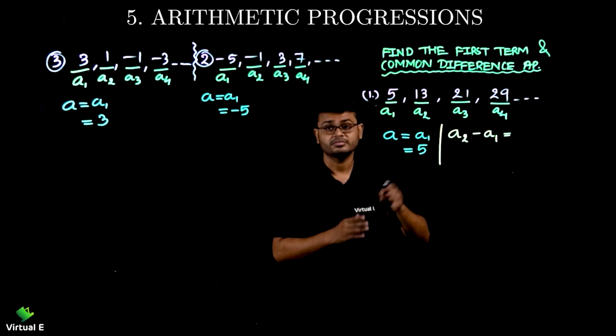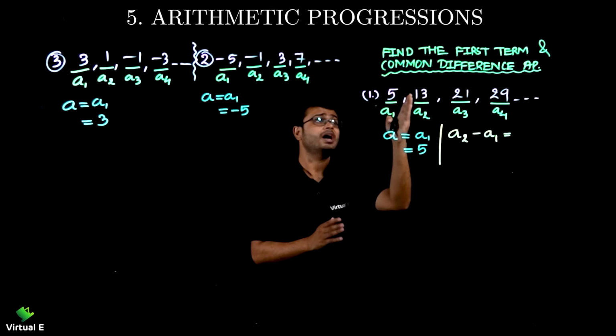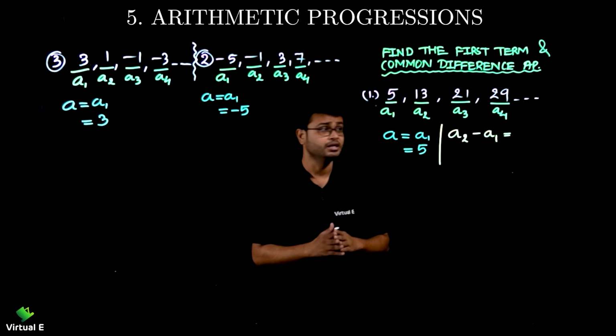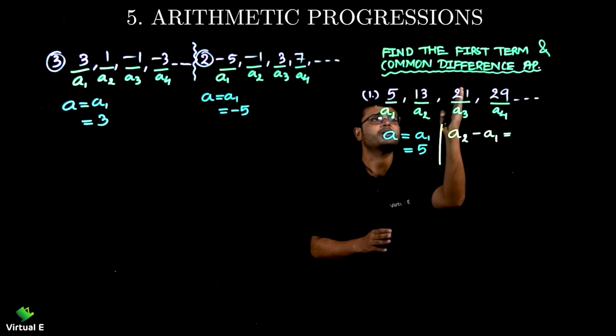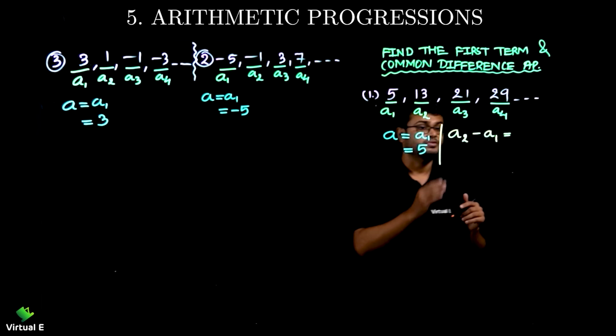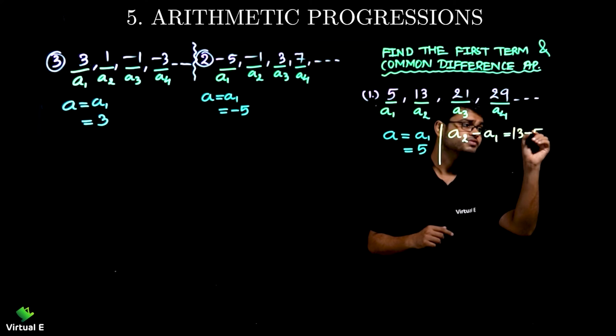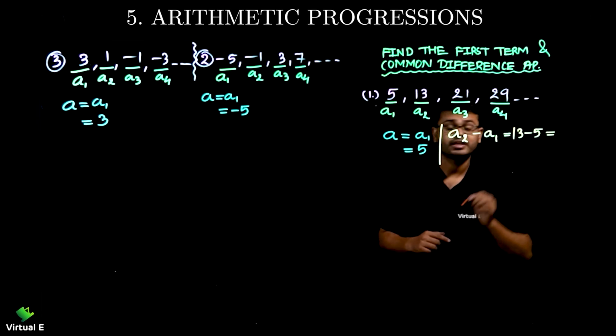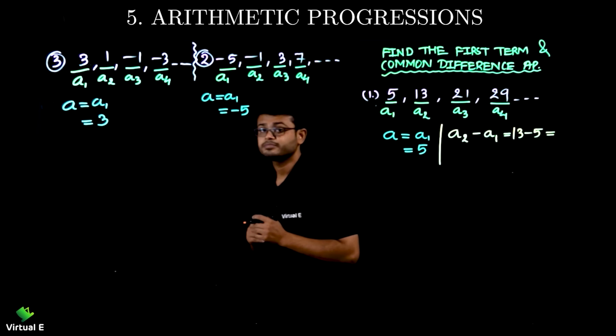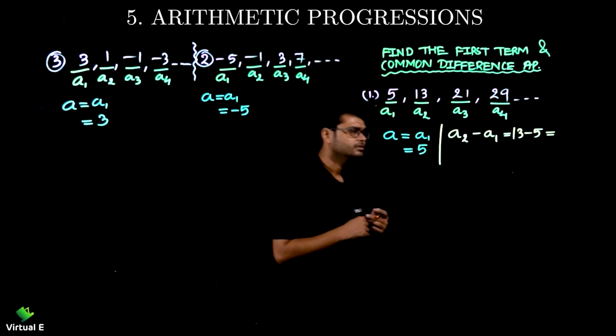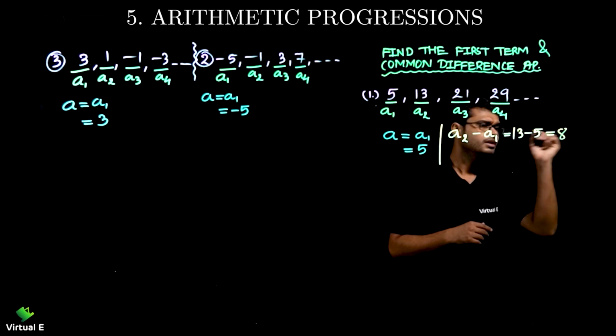After 5, 13 comes for this AP. So I will be subtracting 13 minus 5. You can also subtract 21 minus 13. We'll do that as well. So a2 minus a1, which is 13 minus 5. So that will give you what? What is 13 minus 5? Simple, 8, right? So 8.